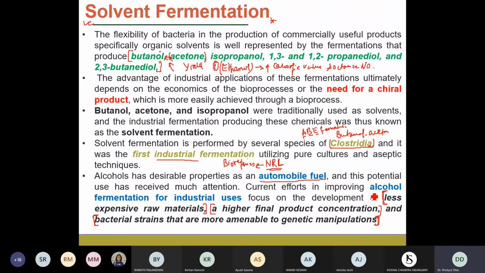Suppose in your exams or quizzes, you might be given choices where you have to design or select an appropriate substrate for any type of fermentation such that it can be economically feasible at industrial scale.